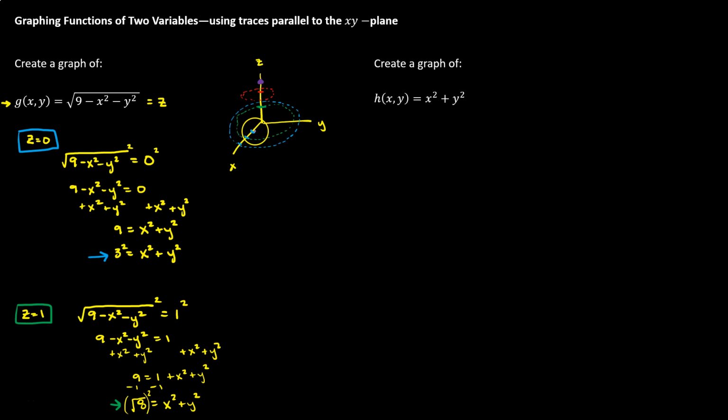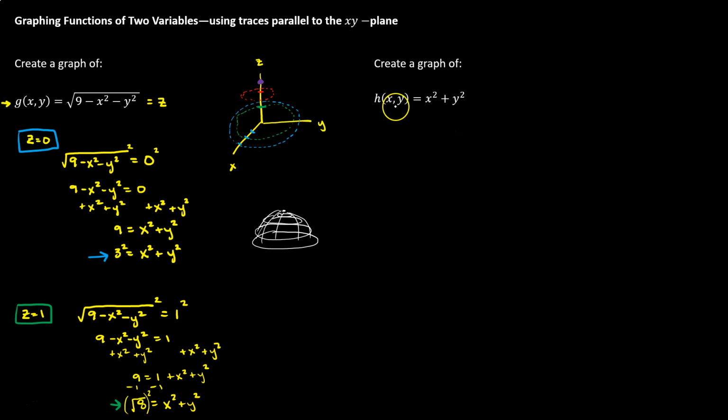Now this is a really rough sketch, and if we were to kind of picture it from the side, it might be easier to visualize that we're looking at a bunch of stacked circles. And if you remember this function from the previous video, it was the top half of a dome. And that's exactly what we're starting to sketch up with each of these traces.